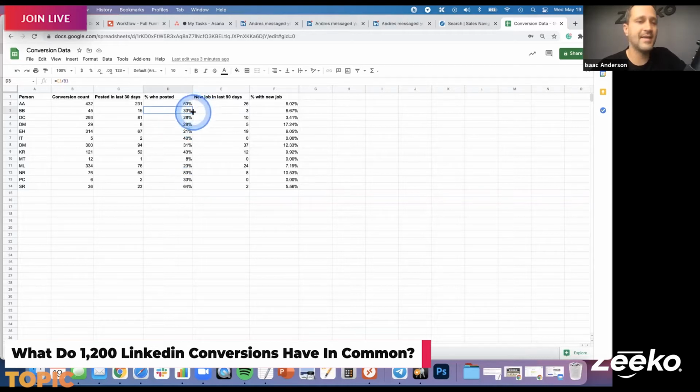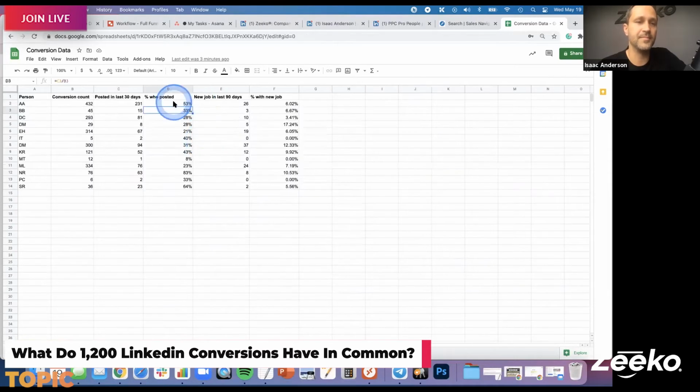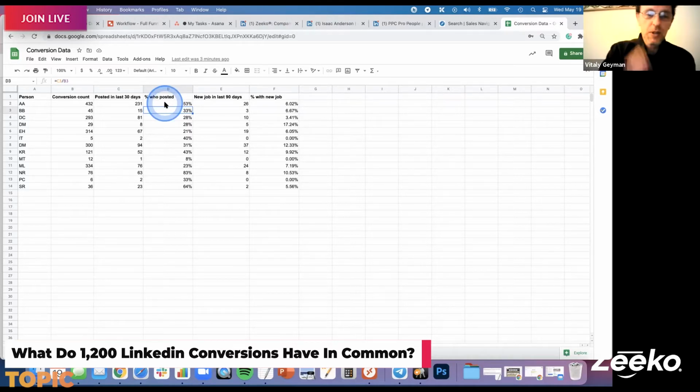So my takeaway after looking at all of this information is I'm going to immediately begin by enabling the filter posted in the last 30 days, because they're so much more likely to convert. Yeah, that's what I do.